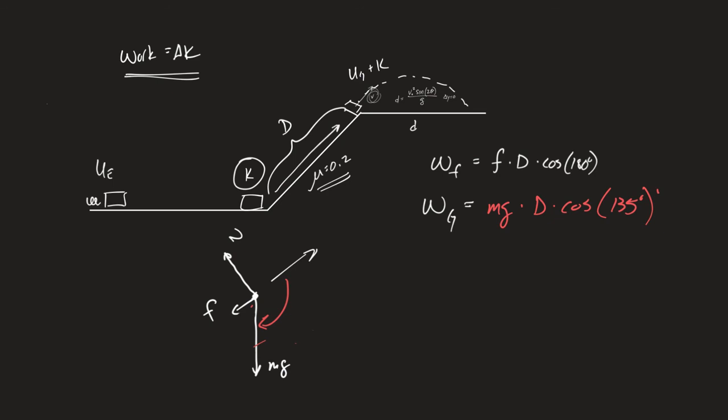You get the same answer, right? You've done this, you get the same answer. Sine of 45 and cosine of 135 are the same number. And the cosine of 180 will make it negative, so that the cosine of 135 comes out to be negative. These have to be negative because they're taking energy away from the box, kinetic energy.